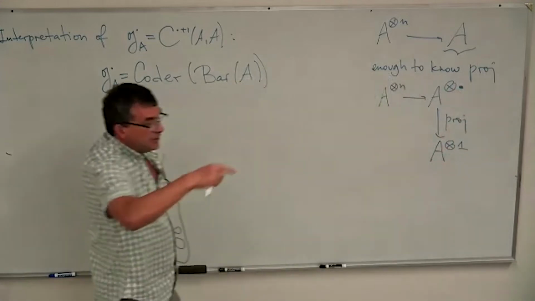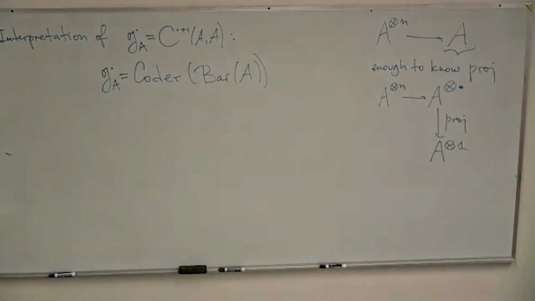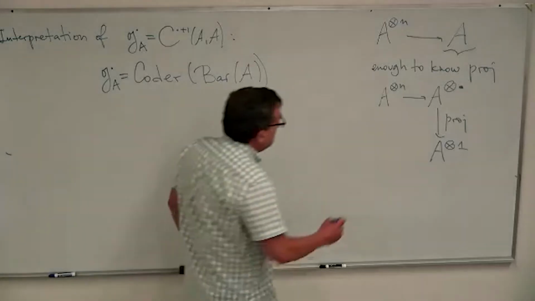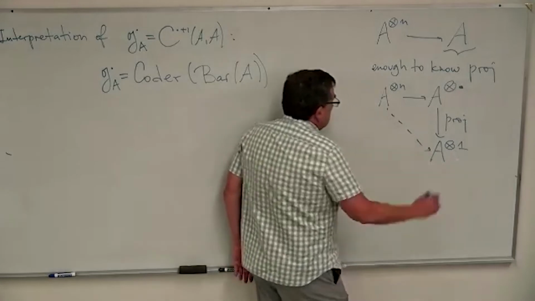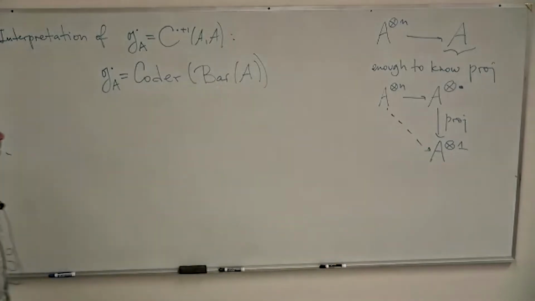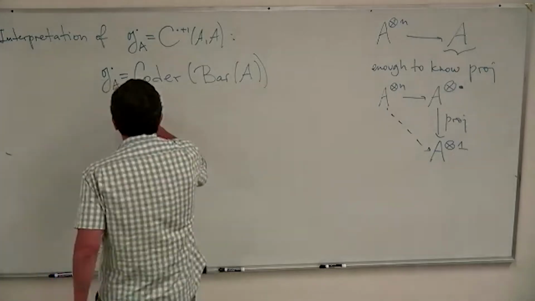It's like dually, if you want a derivation of something free, you only need to define it on the free generators in whatever way you want. And it's a dual thing: if you want to define a coderivation, you only need to know its projection to A.